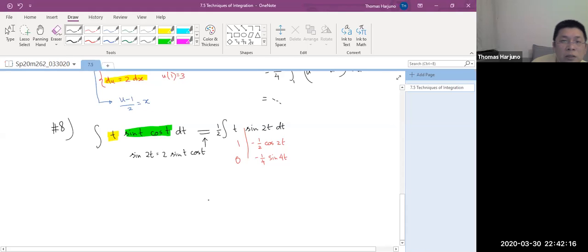So the answer here will be 1 half times negative 1 half t cosine 2t, minus becomes plus 1 fourth sine 2t, and I put the constant at the end. Finally, the answer will be negative 1 fourth t cosine 2t plus 1/8 sine 2t.